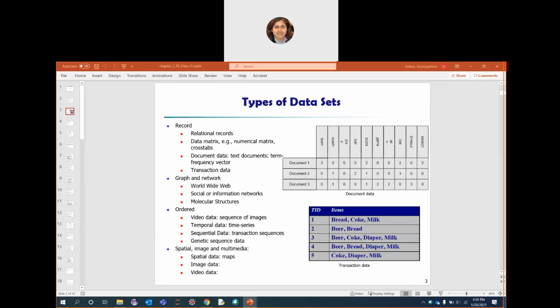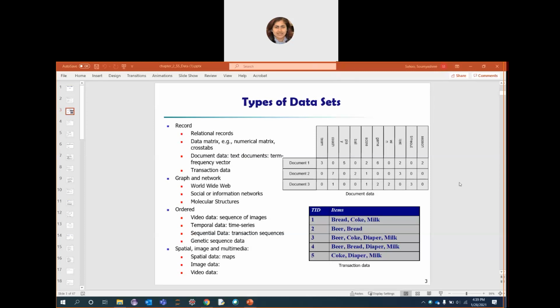If we are learning about data sets, there are various types of data sets actually. The first type is record. If you remember the relational database I was explaining about, that relational record is one type of record data set.